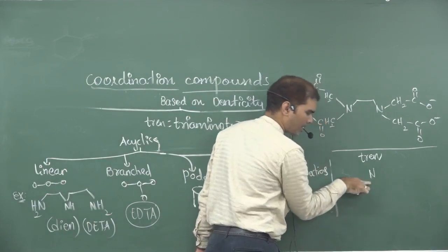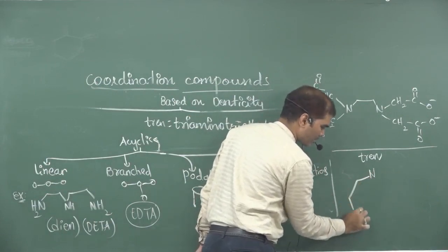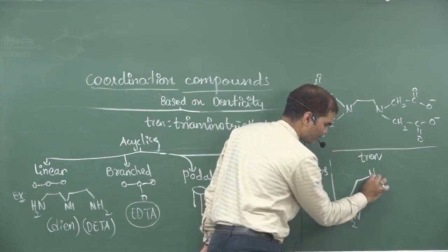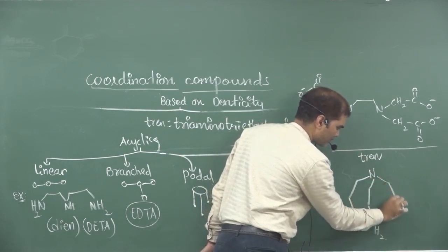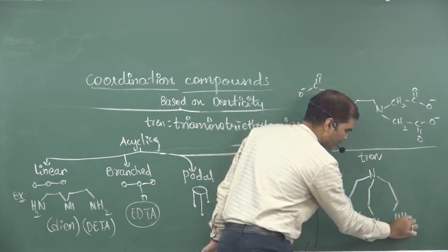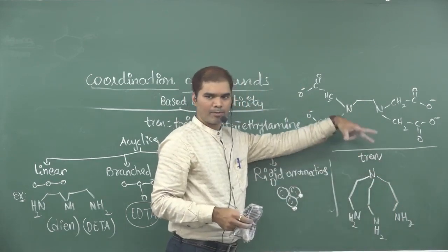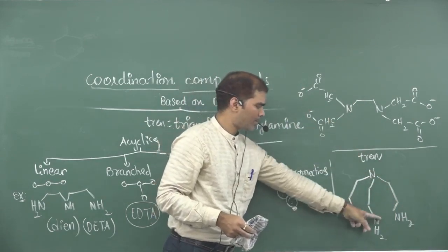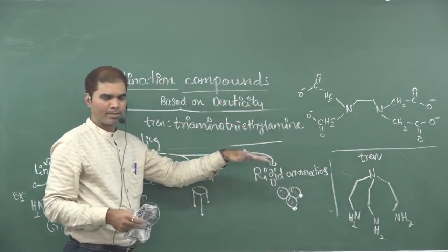You can see nitrogen is present. From this nitrogen, one NH2, and another NH2. So if I am taking this nitrogen as a donor, from that nitrogen, 3 other nitrogen donors are hanging. So such ligand you call it as a podal ligand.